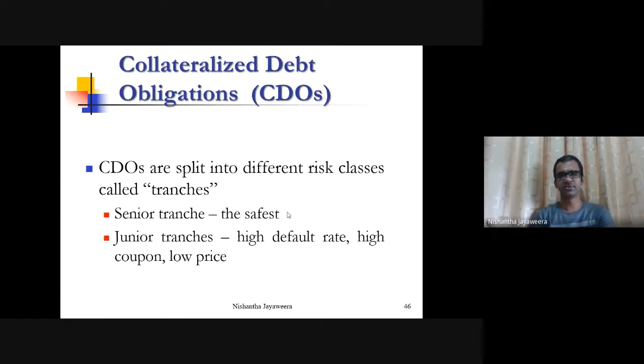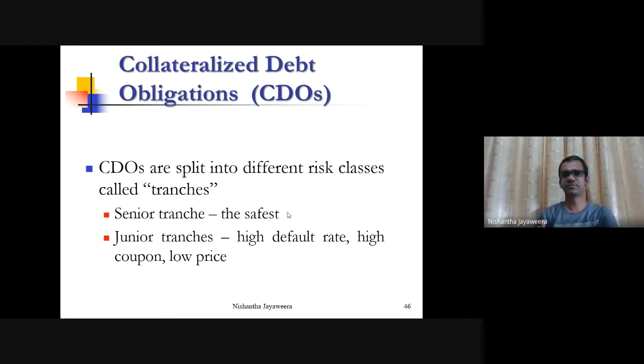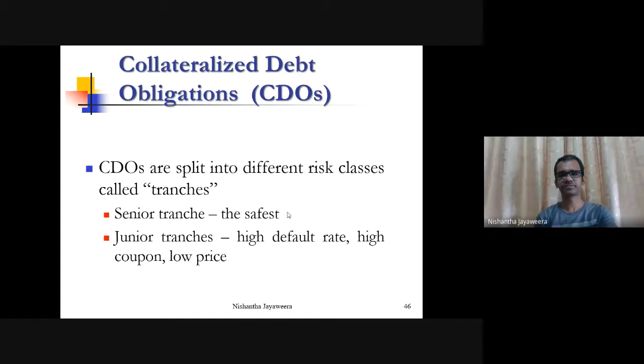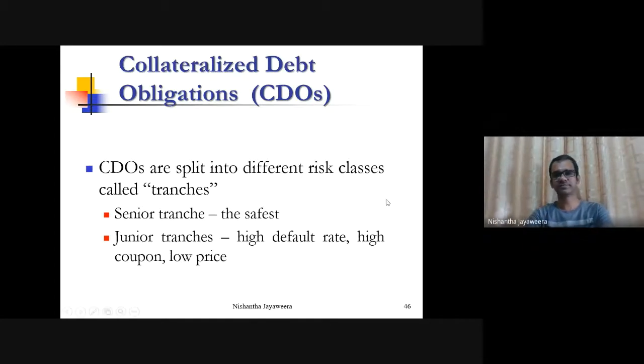The return is also low, so it carries a lower coupon rate. Then there will be junior tranches, one or more, with high default rates and a high coupon to compensate for the high risk and low price.